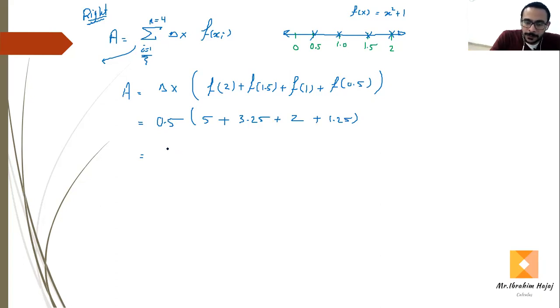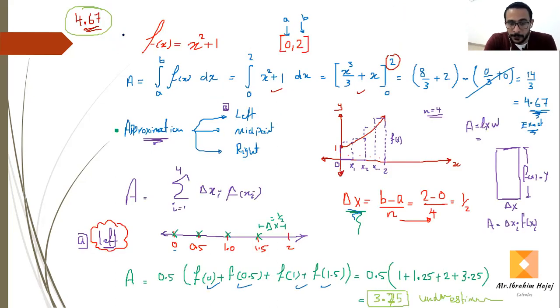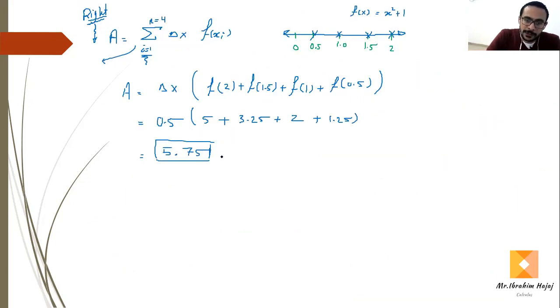5 point something, right? 5.75. So pay attention that my area approximation using the right endpoints rule came out 5.75, and the previous one, the left endpoints rule, the area was 3.75. So here it's an overestimate.